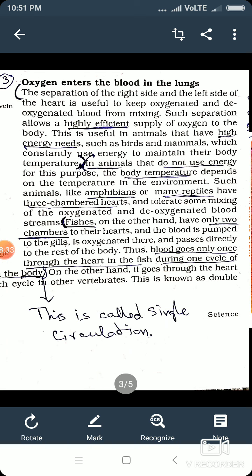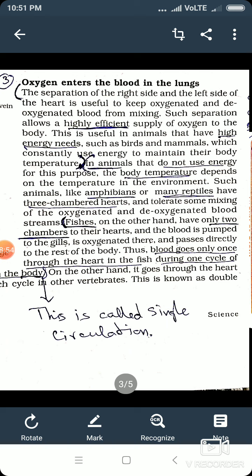And in class 9th, you have already studied that fishes, that is Pisces, have a 2-chambered heart. The blood is pumped to the gills, is oxygenated there, and passes directly to the rest of the body.